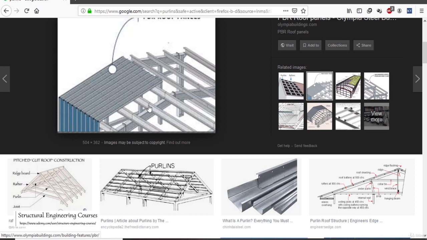So these are the purlins that we are seeing here. These are usually either Z sections or channel sections, and on top of these purlins, sheeting is anchored. So it is not like if you model the truss, then everything is okay, but on the top of the trusses also, we do need to put the purlins, and on the top of those purlins, we need to anchor the sheeting arrangement. So this is the purlin that forms a connection between the GI sheeting on the top and the truss structure.